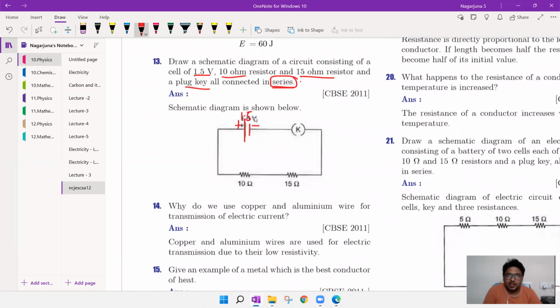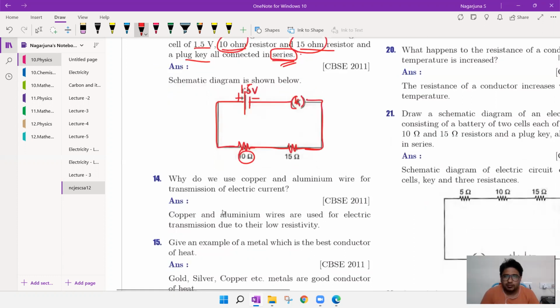You have to mention its value, 1.5 volt, and towards the negative side always try to connect the key, which is connected to the 10 ohm resistor and the 15 ohm resistor, all connected in series. One resistor with 10 ohm capacity, another with 15 ohm capacity, connect everything in series. Like that you have to mention.